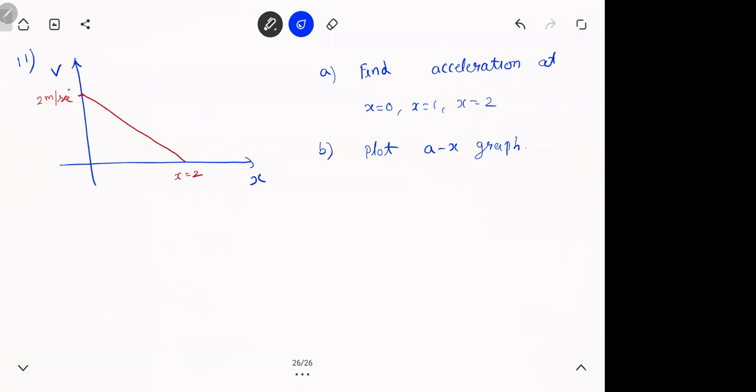Now from this, you need to figure out how to do. Have a look at this. Give it a try. I'll give you a minute or two. Then I'll show you.